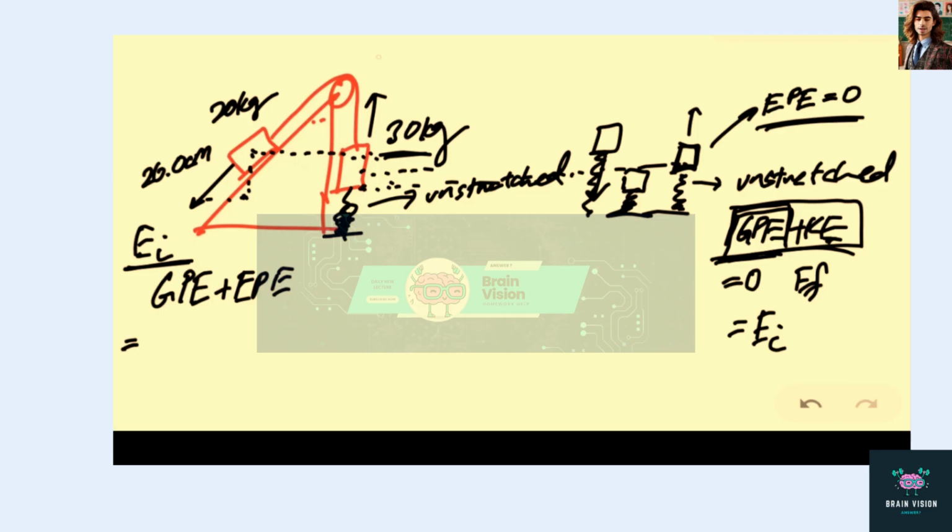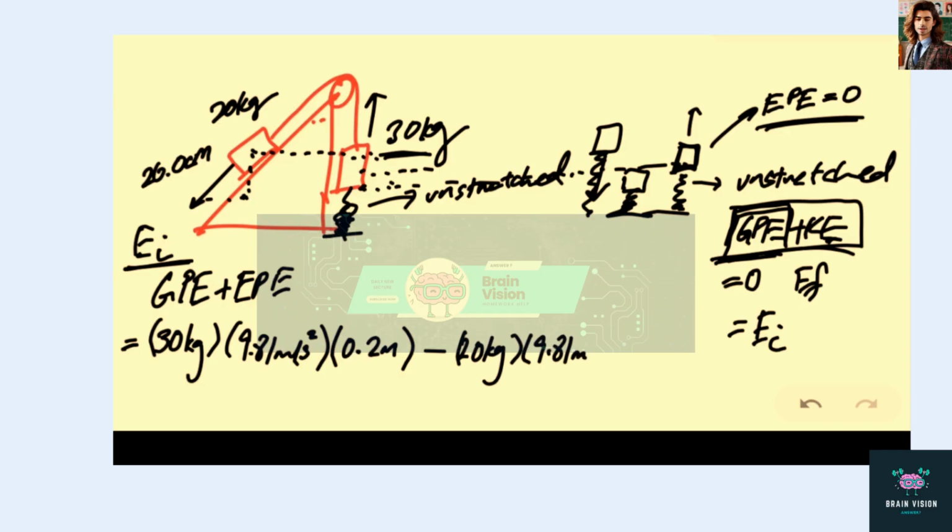For the positive one, the 30 kilogram, this is mgh, where h is 20 centimeters, so 0.2 meters. But for the 20 kilogram, it has moved downwards from its reference point, so it is a negative value, and we get again mgh.